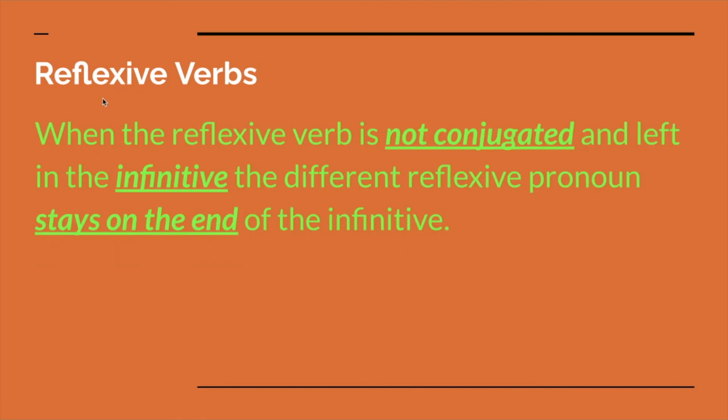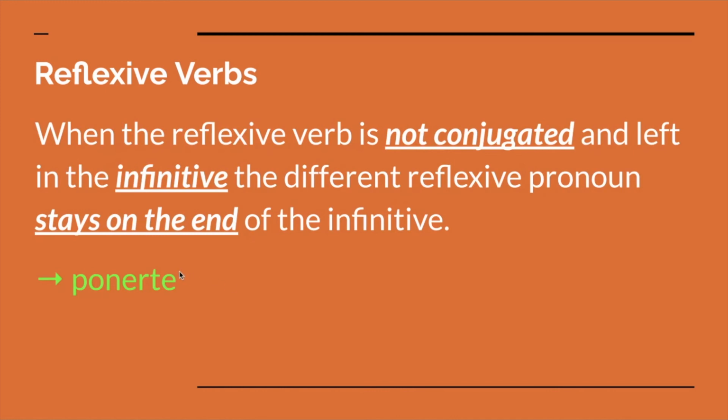So here we go. When a reflexive verb is not conjugated and left in the infinitive, we leave the reflexive pronoun on the end. So kind of turns into this. So ponerte, poner, and then it just changed the se to te. Despertarme.